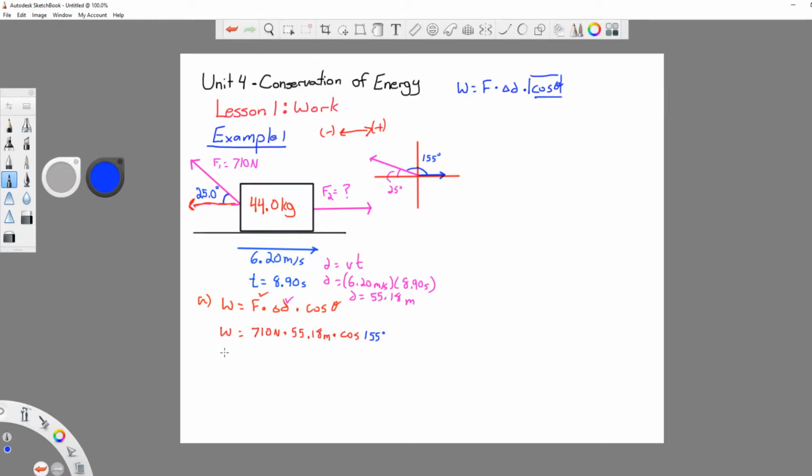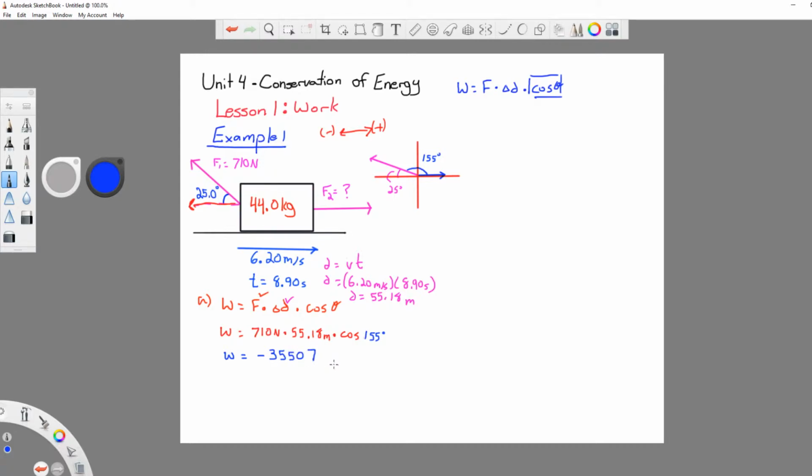So let's plug this into our calculator then. Work now is going to equal negative 35,507 joules.